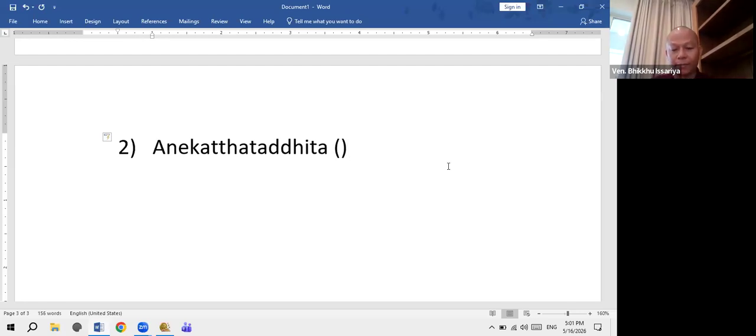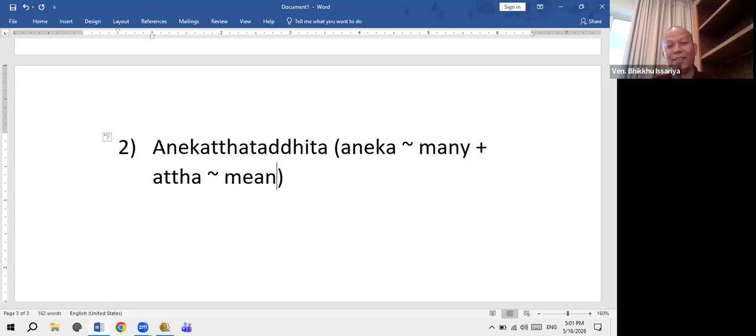The word anekattha: aneka means many. Oh, sorry, you're right. Attha means meaning, you know the meaning of attha. So anekattha means many meanings. In this Taddhita, there will be many meanings.